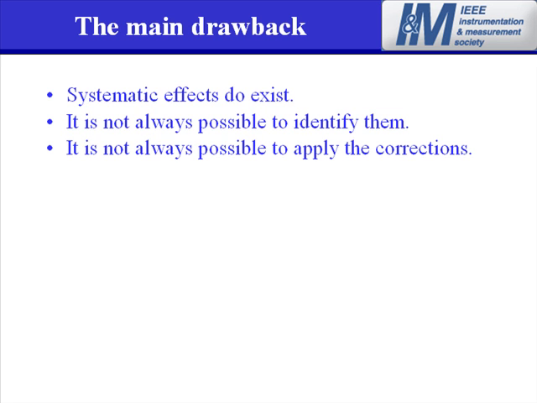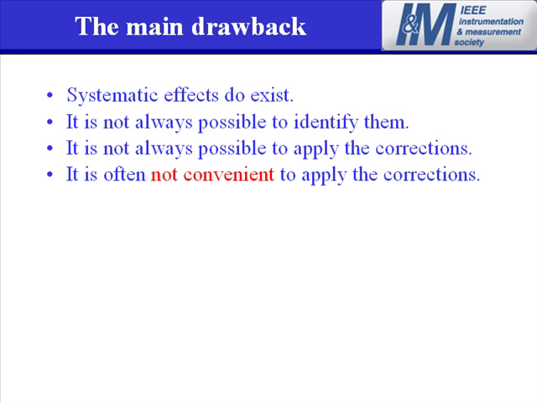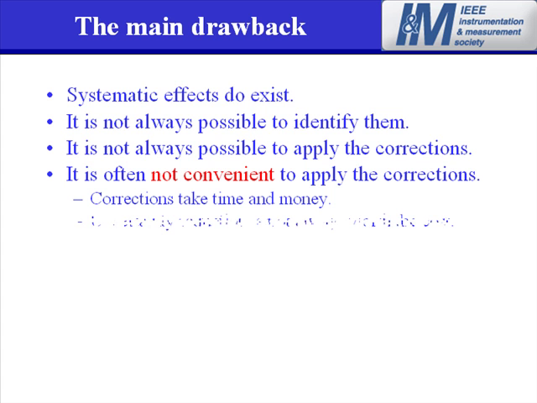It is not always possible to apply the corrections. But even when it is possible to identify them and to apply corrections, it is often not convenient to apply them, because corrections take time and money, and uncertainty reduction is not always worth the cost, at least in many practical situations.